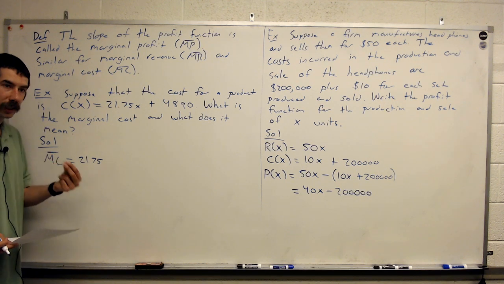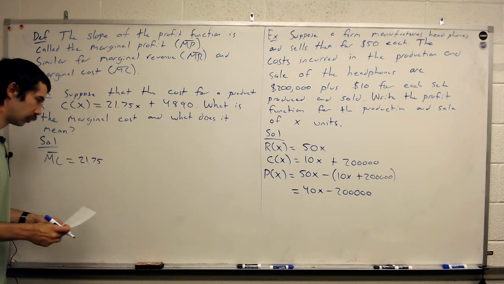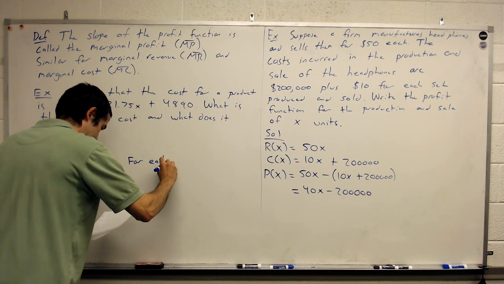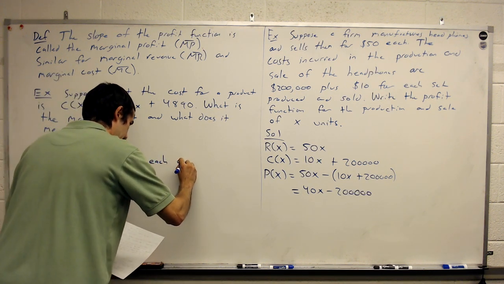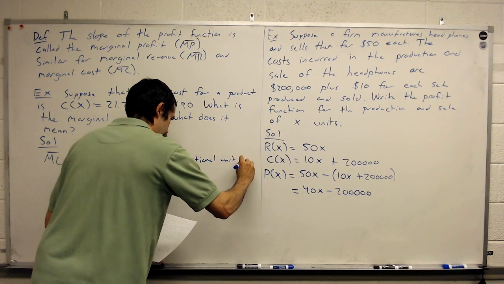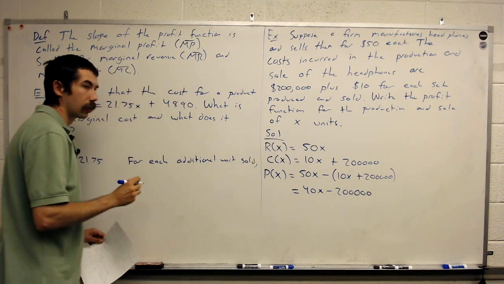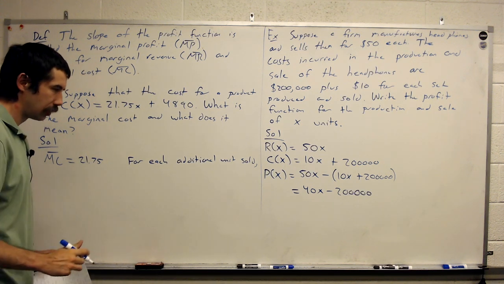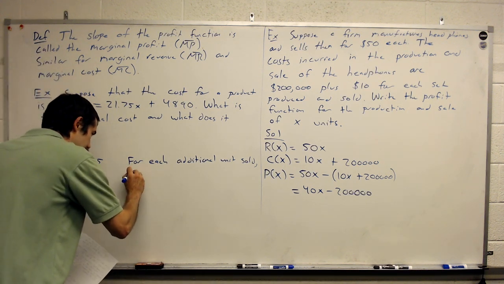And how do we interpret this value? It says for each additional unit sold, costs increase by $21.75.